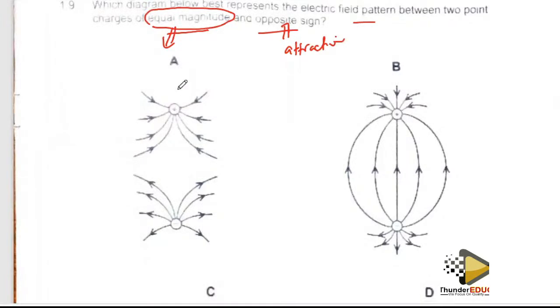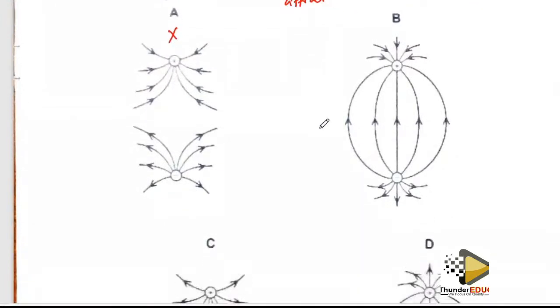So A is out since A is repulsion. B has some bit of sense, but when you look at it, the top part is positive and the bottom part is negative. But when we look at the direction of the field lines, it's like they are moving from the negative towards the positive. So B is also out.